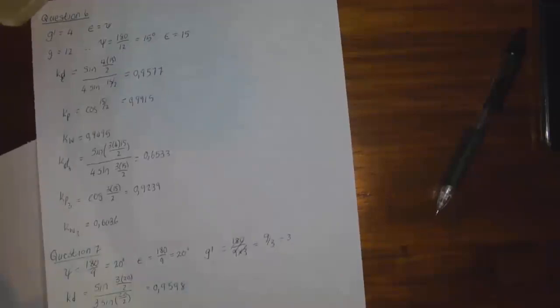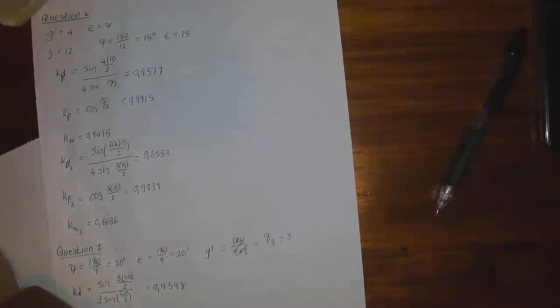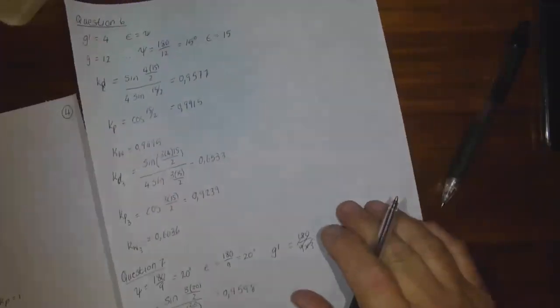Normally the factor would be 0.985, because we are given G, not G prime, right? We are given G is 9. Do you agree? Yes, sir.